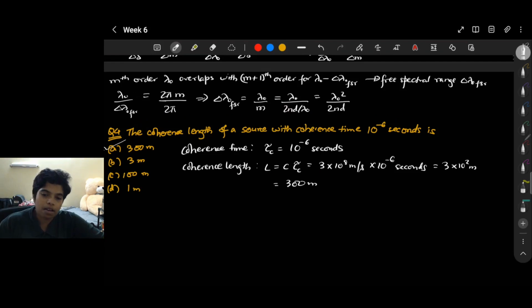For example, if you want to use this laser in a Mach-Zehnder interferometer or a Michelson interferometer, which we have studied, then up to a path difference of 300 meters, you would see perfect interference fringes. Beyond 300 meters, if the path difference exceeds 300 meters, then the fringe visibility would start falling down. So this is the significance of coherence length and coherence time.